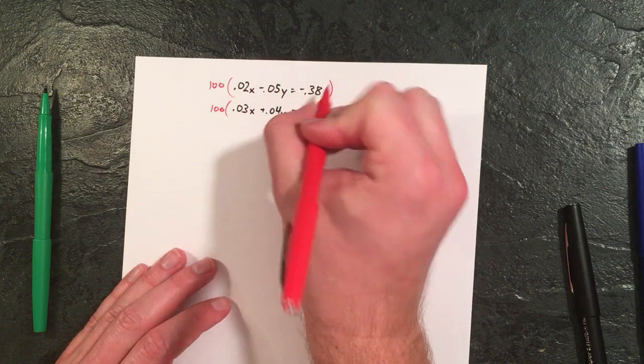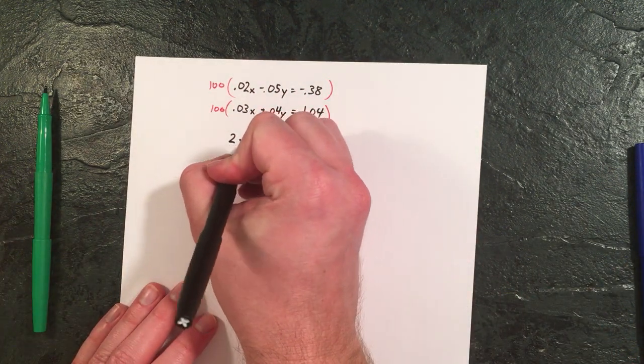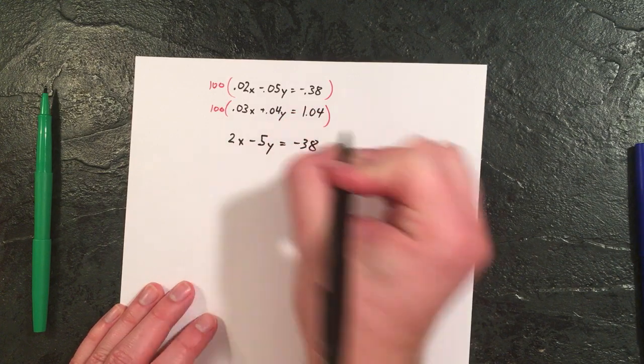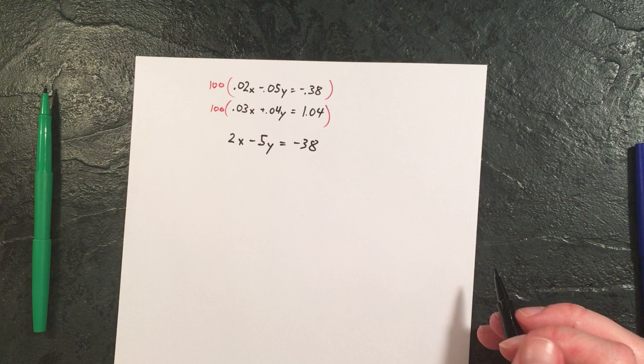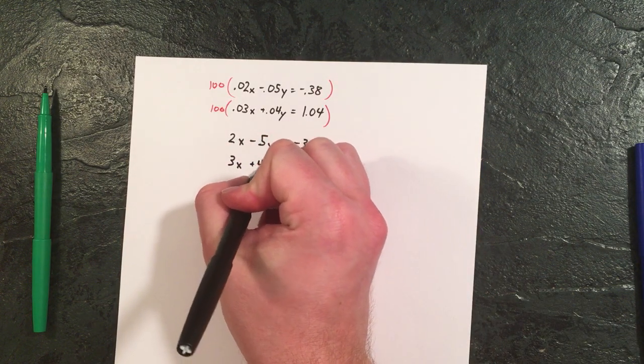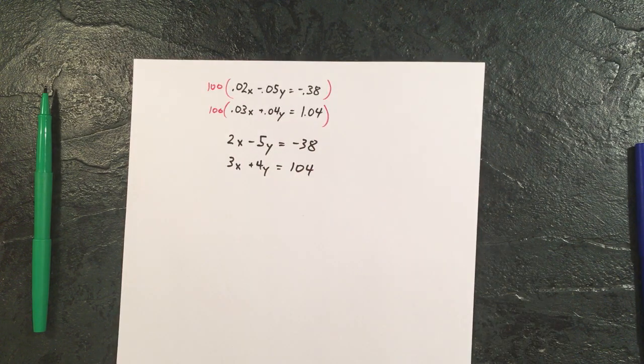Because I do not want to look at any kind of decimals. So that becomes 2x minus 5y equals negative 38. And then 3x plus 4y equals 104.